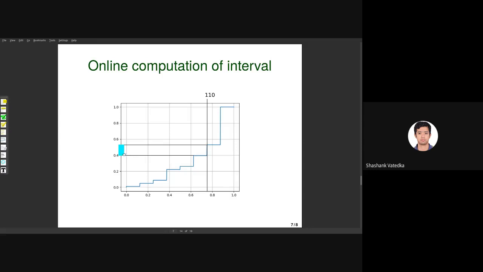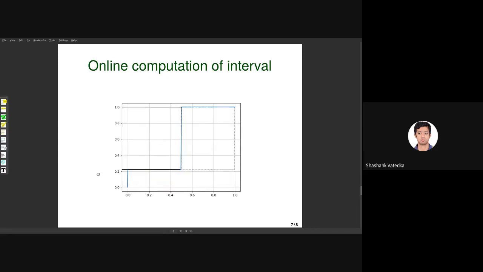Right? So as long as we are able to compute this interval in an online fashion, in a very low complexity fashion, we're good to go. Because the rest of it is not important. To construct the codeword for the sequence 110, all we need to compute is this particular interval. And we'll see how to do this in an efficient fashion.